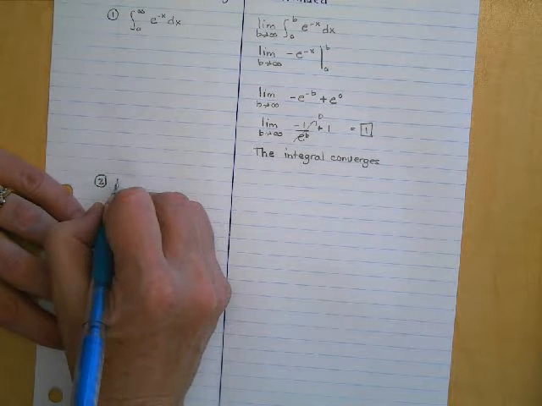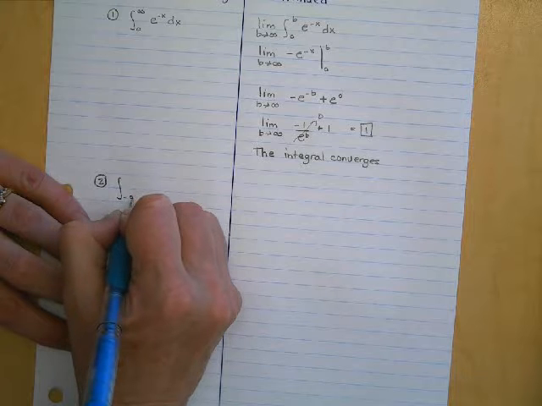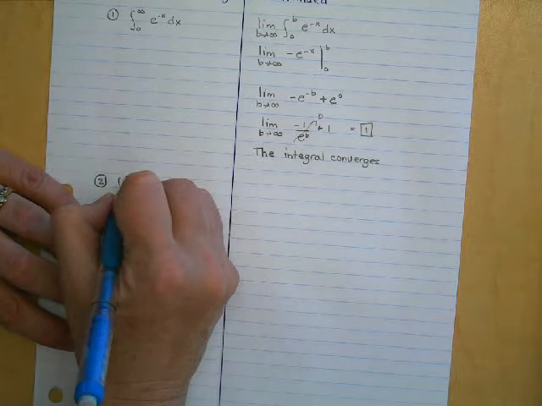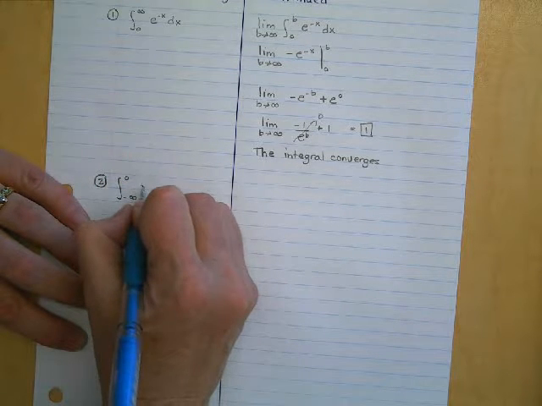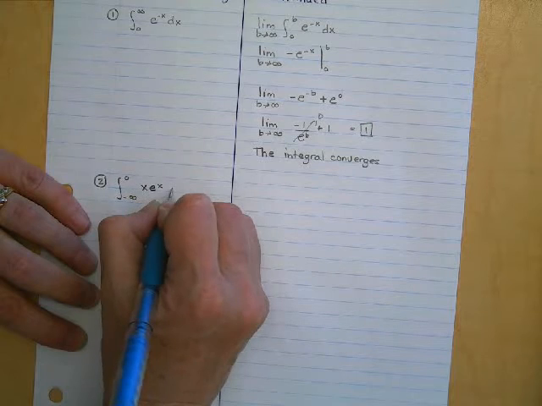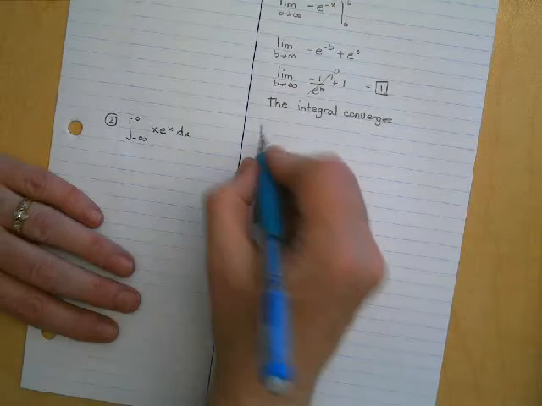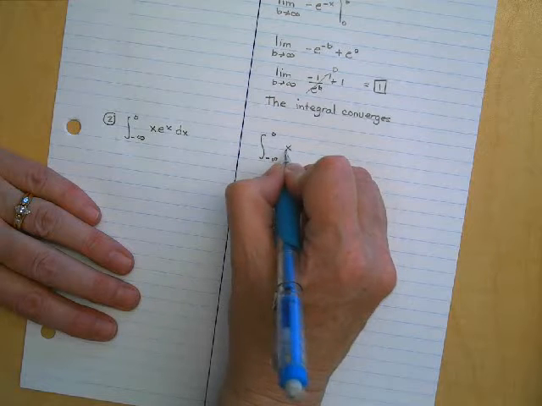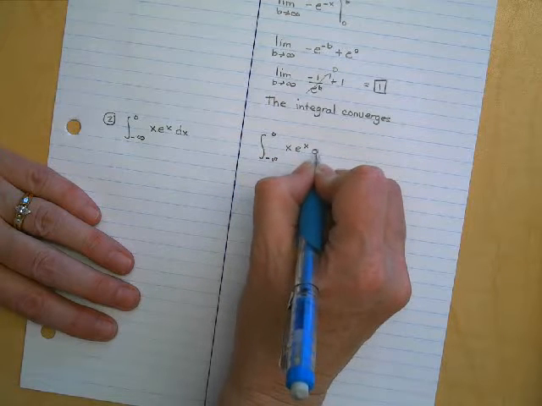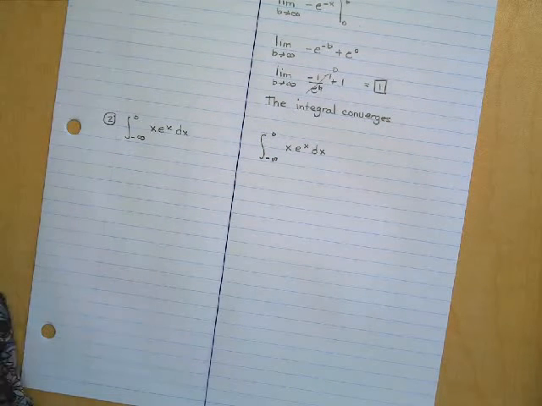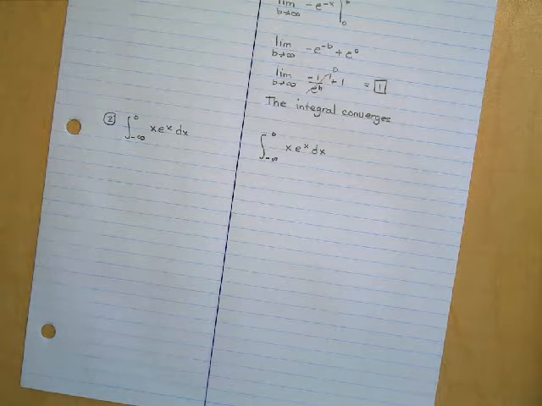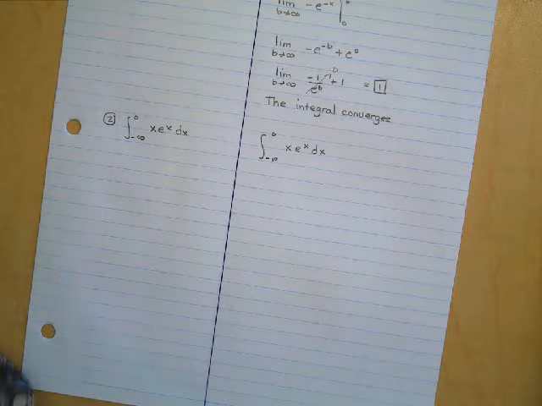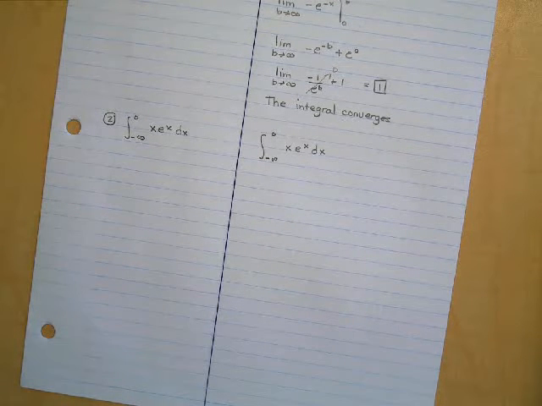Okay, let's look at what if we had negative infinity to 0 of x e to the x dx. This is one we haven't done for a while, because this one has a product.